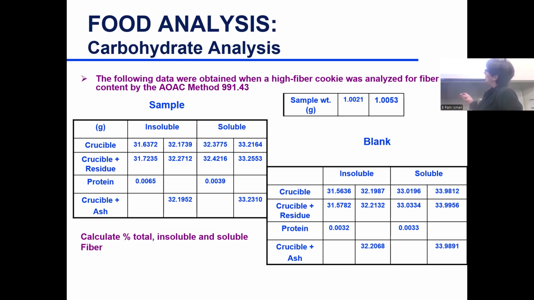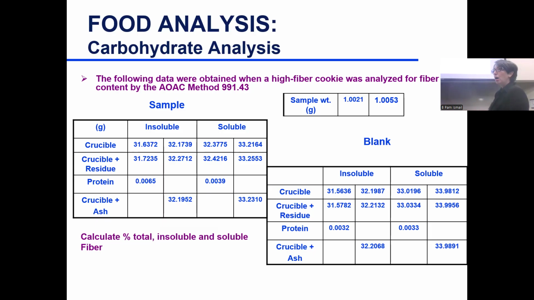And then I'm telling you that part of it will have this many grams of protein. And then you need to get the ash. I gave you the weight of the crucible. Here, you subtract the weight of the crucible from that, and you get the ash. Are you following? Did I lose you somewhere?